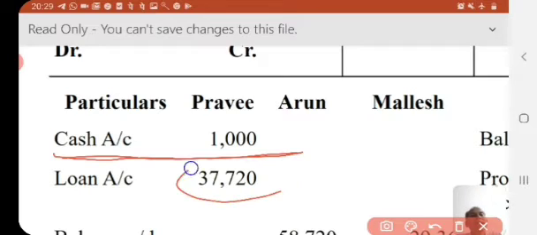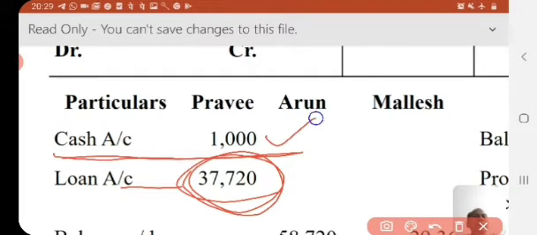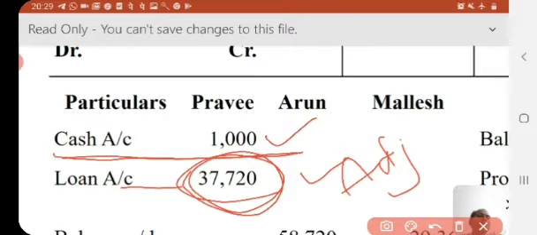The remaining part is transferred to the loan account of Praveen. So 1,000 is paid and the remaining part is transferred to the loan account as per the adjustments.